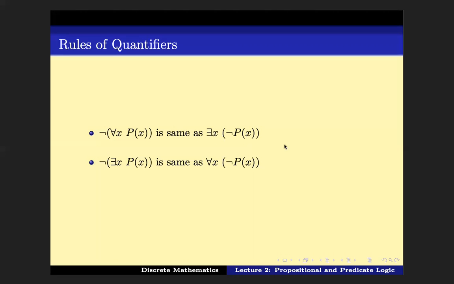So to get the negative of for all x, you first invert for all to there exists, and then you take the negative of p of x. So not of for all x p of x is same as there exists x of not of p of x.